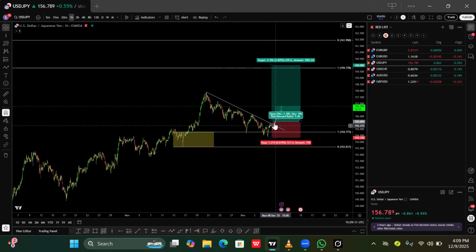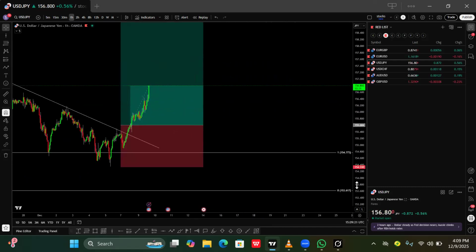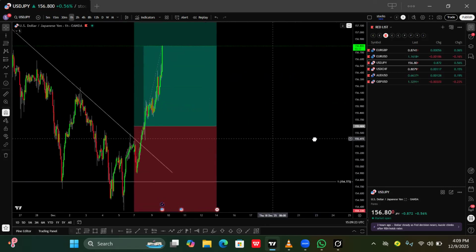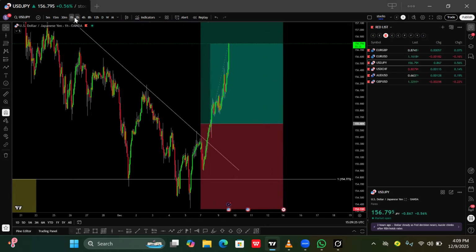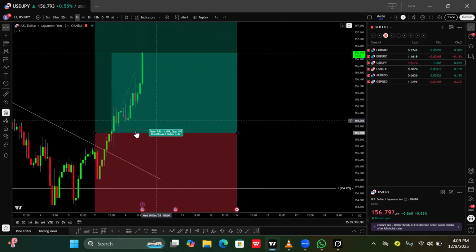So when we broke out of this trend line here, I took a starting position and my stop loss here. Now, my anticipation was if we could get a pullback, which we ended up not getting actually for USD/JPY.